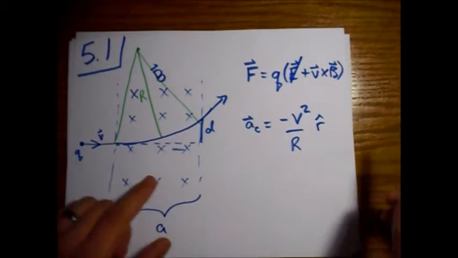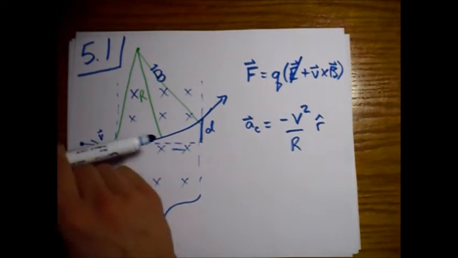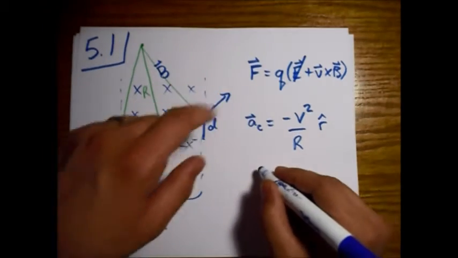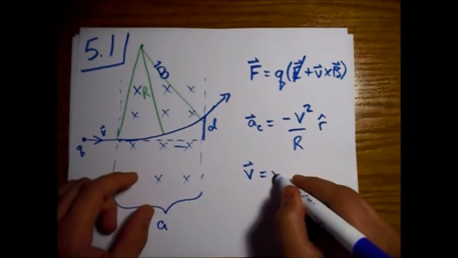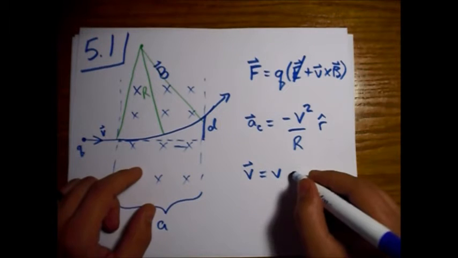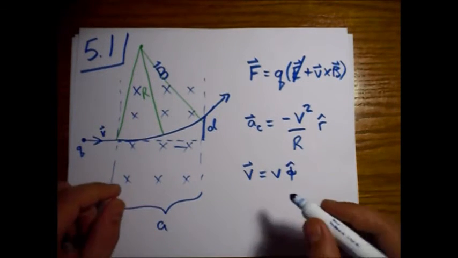Now, if we're going in this direction, the velocity of this particle is just equal to v in the phi hat direction.